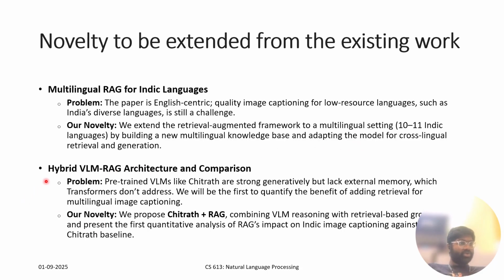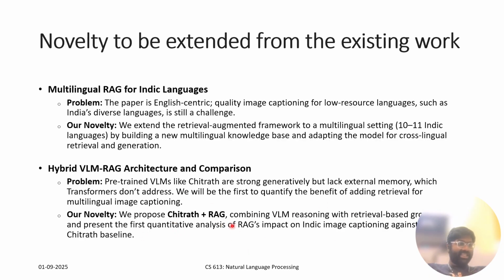And we can also use a hybrid VLM RAG architecture and comparison. Like we can use a pre-trained VLM like Chitrad. They are strongly generative, but they lack external memory. So we can use this as a base and build a RAG approach on top of this, which we think is much better.